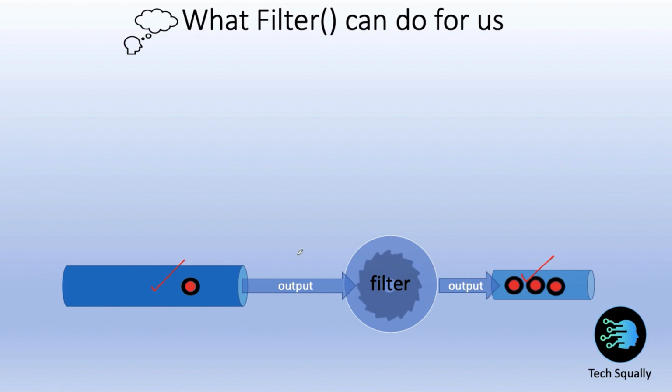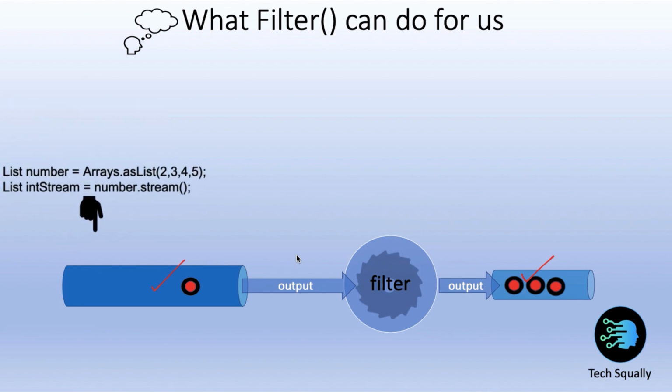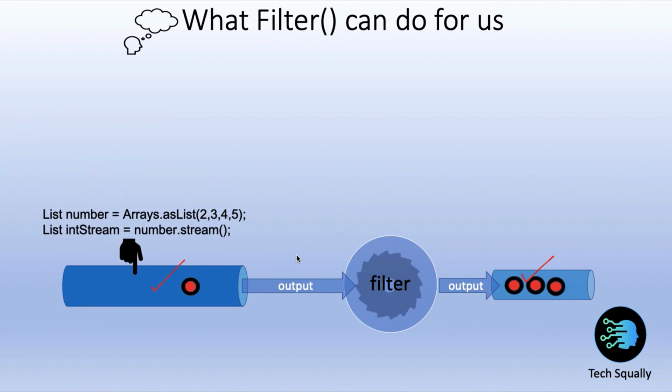So where can we use the filter method? In situations where we want to filter some of the objects. For example, in an organization where we want to filter the employees whose salary is greater than 10,000, we can apply the filter method on the collection. Here I have taken an example of an integer list.